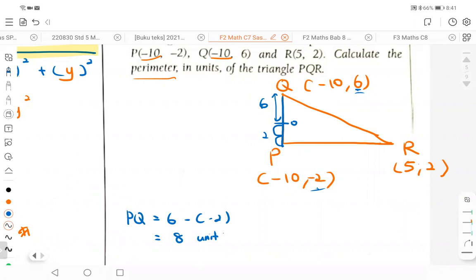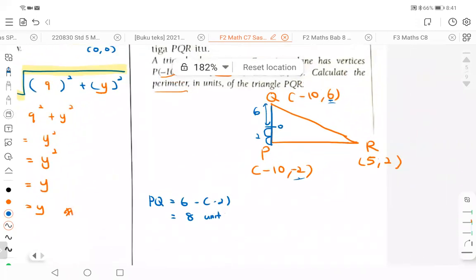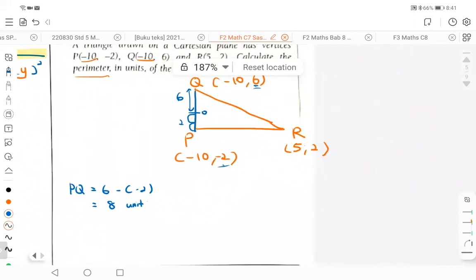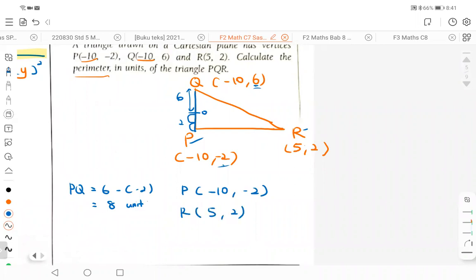Okay, after that, P to R. P to R and Q to R, we have to use formula. No choice, I use formula because it's different. So PR, so list down the coordinate -10, -2. R is 5 and 2. Distance, okay, now we do it at the bottom there.